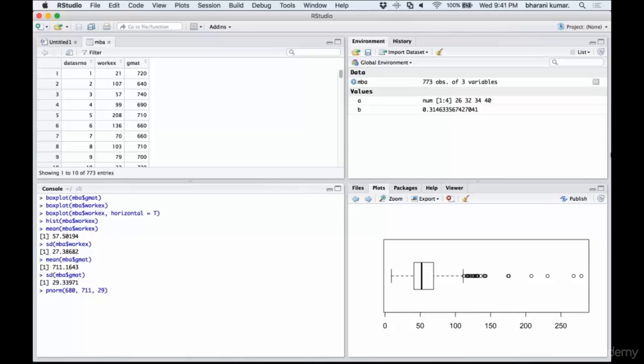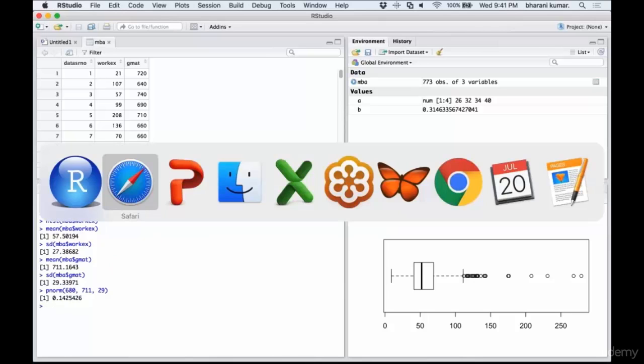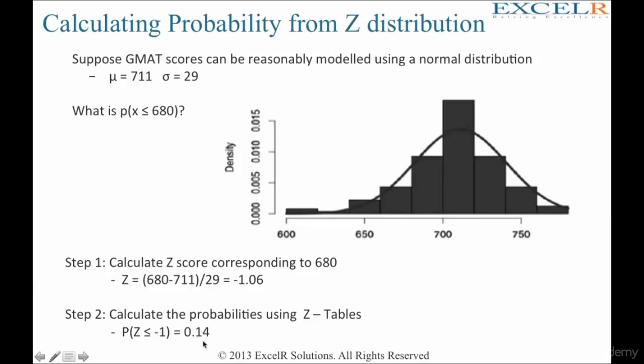So the function for pnorm is pnorm of x, mean, standard deviation. If you're confused with what arguments have to be written within these braces, you can always use a question mark. I'll show you in a moment. I click on enter and I get 14%. That is your probability, roughly 14%.